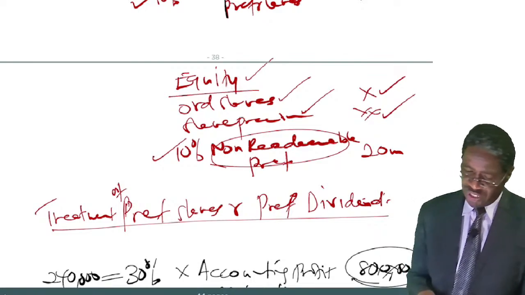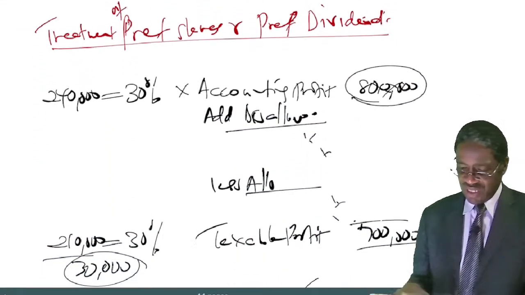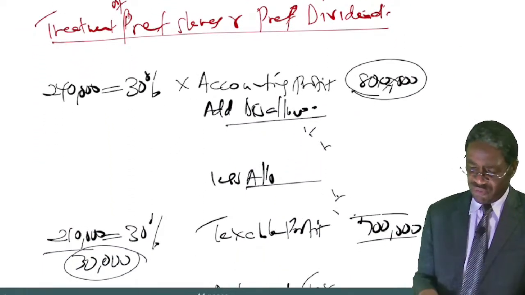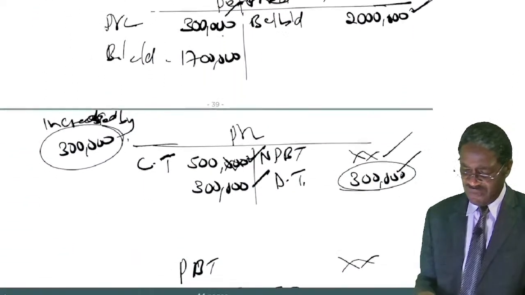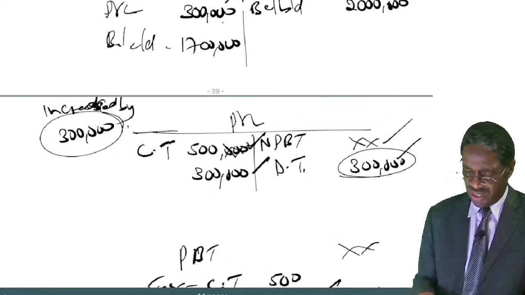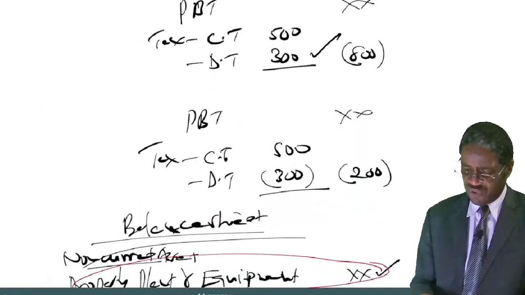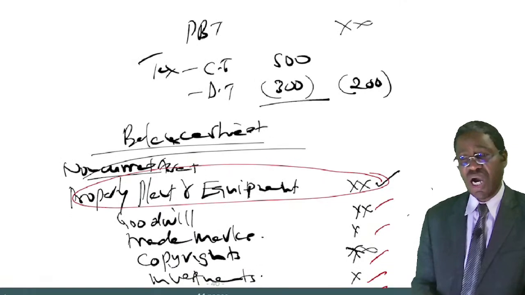As a component of equity. Then I can see how to compute preference dividends, whatever we did. We discussed all that. And deferred tax, we don't have to go back into the details.